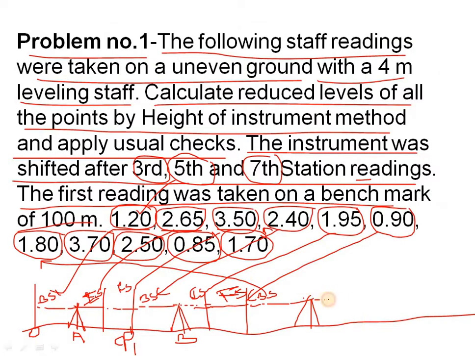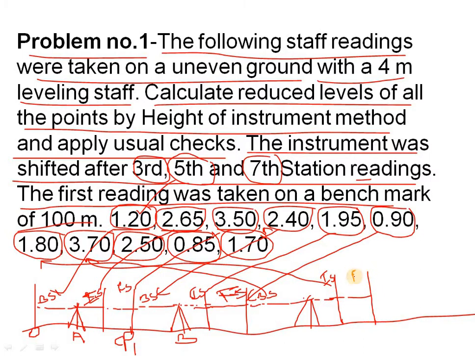So we can see here the leveling staff will come. So you write it as IS. So this IS is 3.70. Then after that, which point we don't have? The last point station will be having FS.